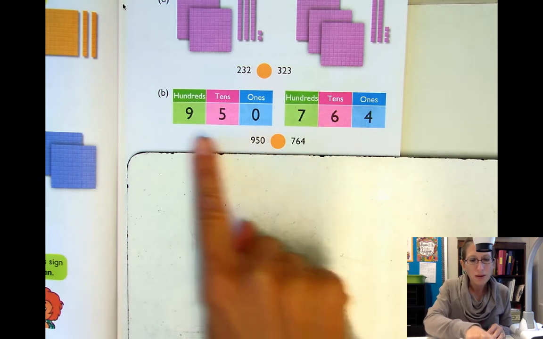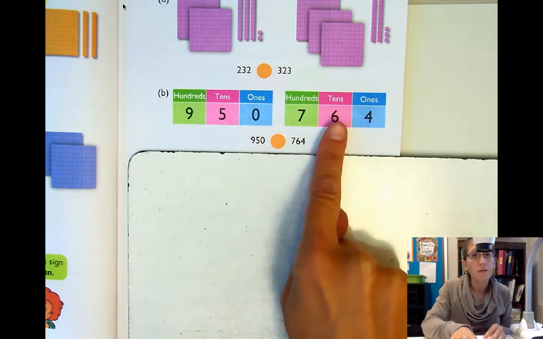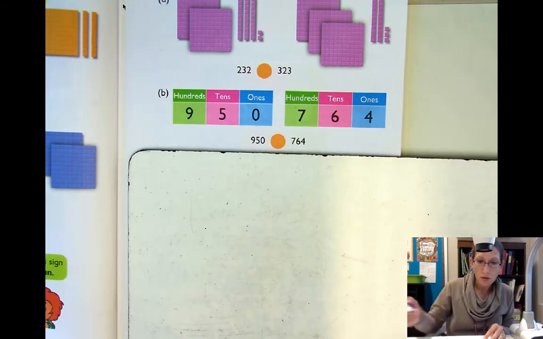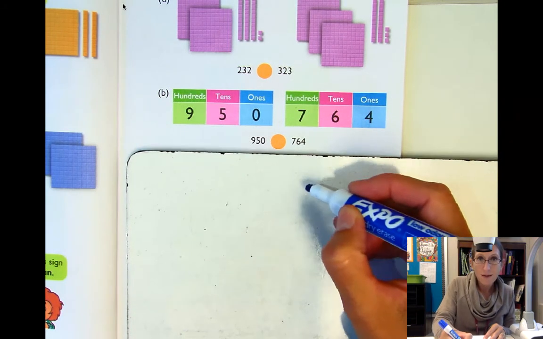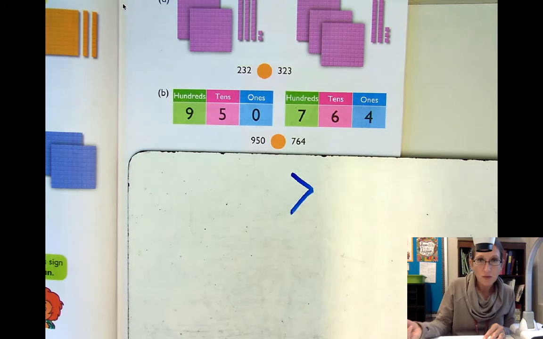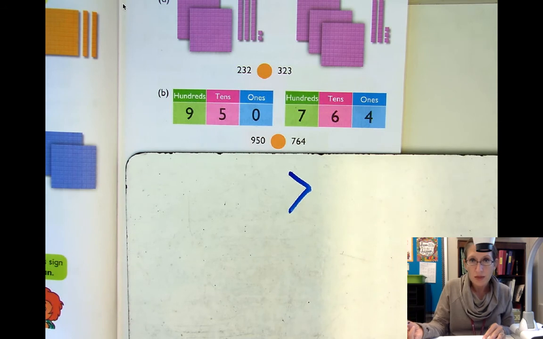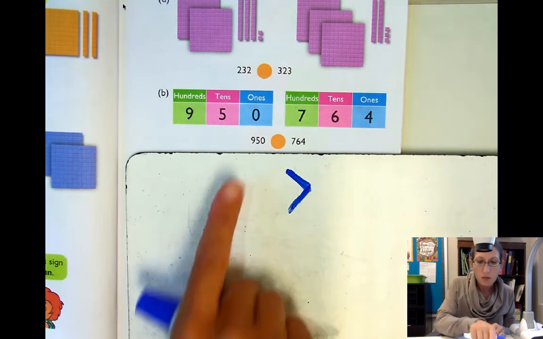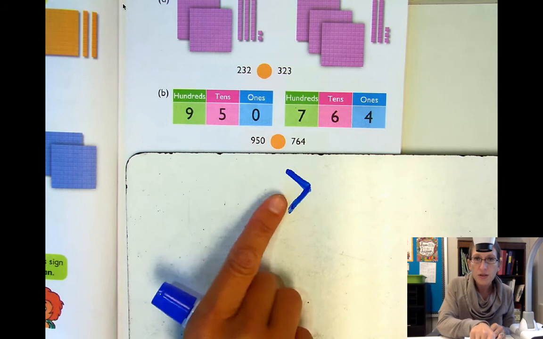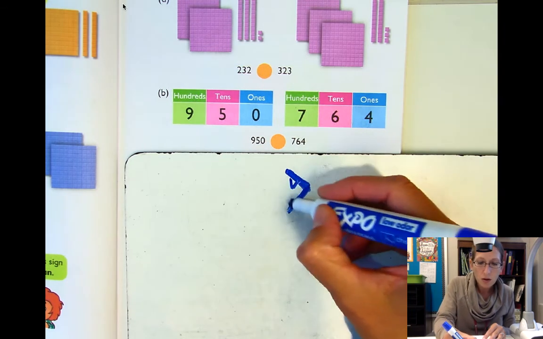Well, we know that 900s is more than 700s. So the creature wants to eat which number? The 951. So that would be this kind of a symbol. And again, because we have that bigger number first, this is the greater than symbol.